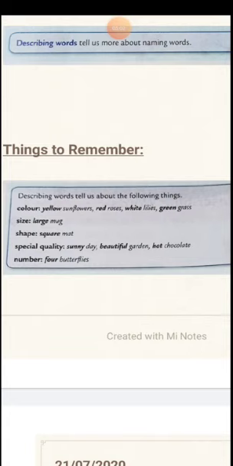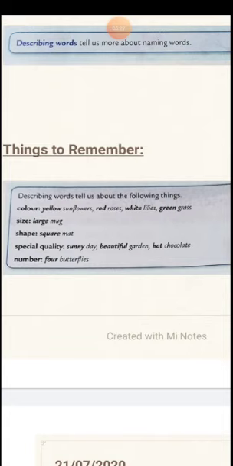Then describing words can also tell us about the size of the noun. So for example, here the naming word used here is mug. How is this mug? What's the size of this mug? It's a large mug. So the word large is a describing word which is telling us about the size of the mug. Then comes shape.